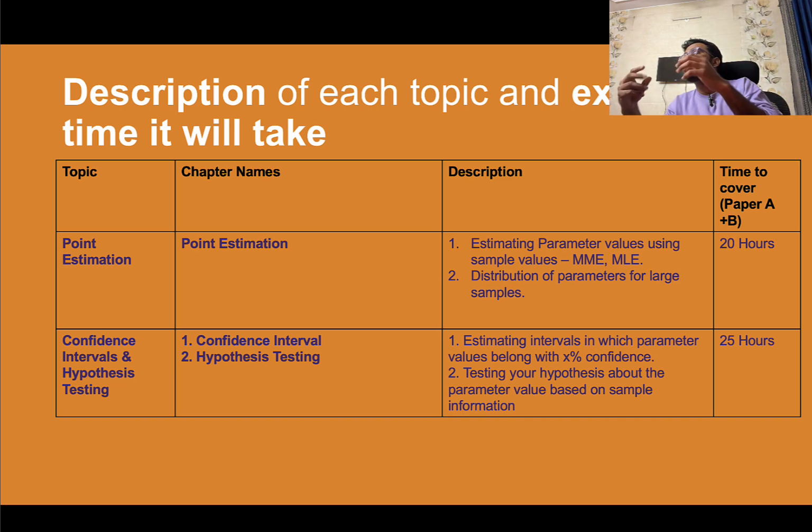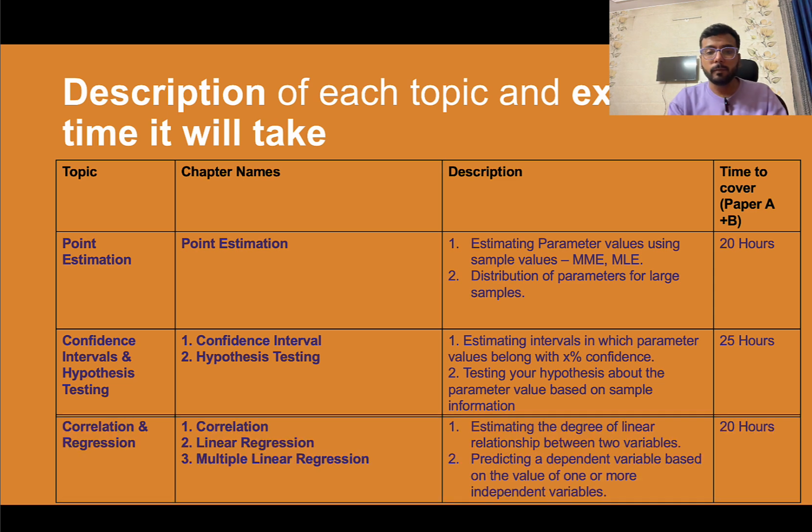Let's say they've discovered some drug that is able to cure a certain disease, right? In order to check whether the drug has a statistically significant impact in improving the disease or not, they would typically use a hypothesis test. So hypothesis tests have a lot of application in the real world.